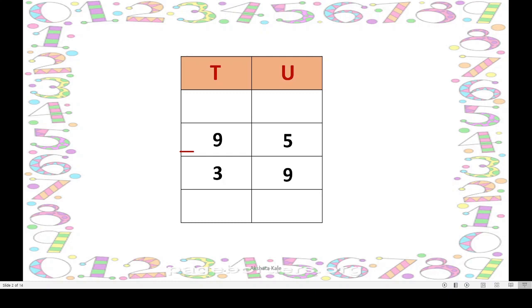Now you know that we always begin our subtraction from unit place, isn't it? Here 5 minus 9. It is not possible. So 5 is disappointed and it is worried. So it borrows from 9. It wants the help of 9.